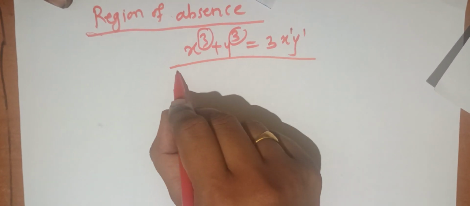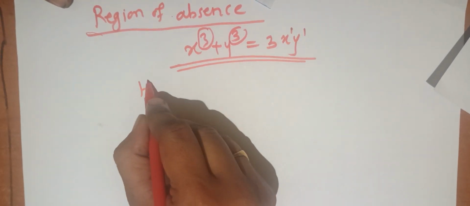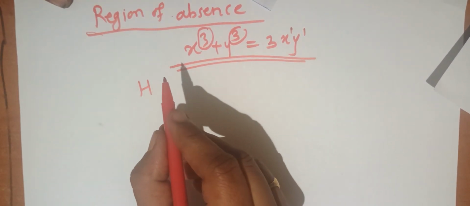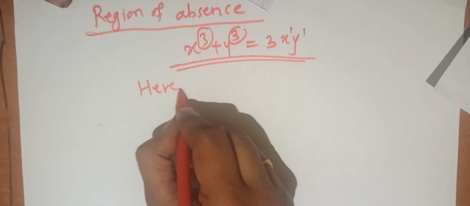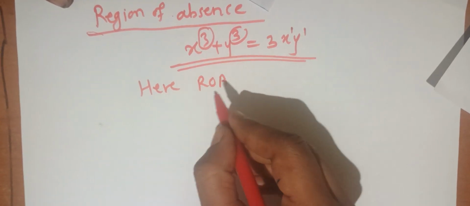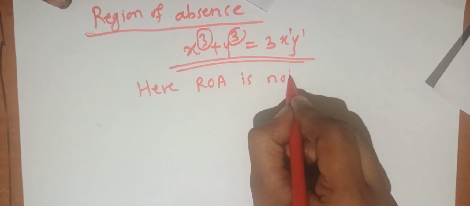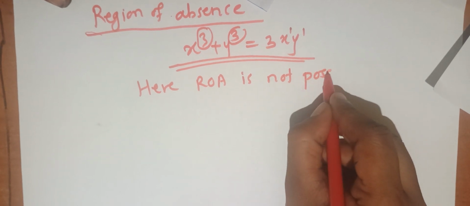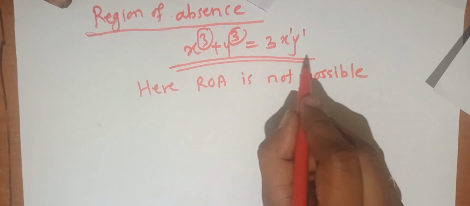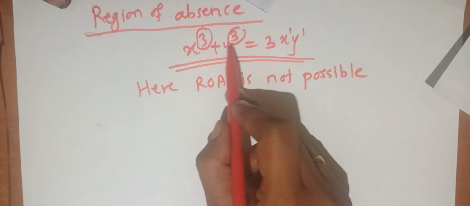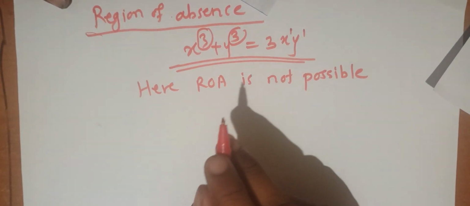No even powers. So in this example region of absence is not possible, because to find region of absence we want x and y to have even powers.